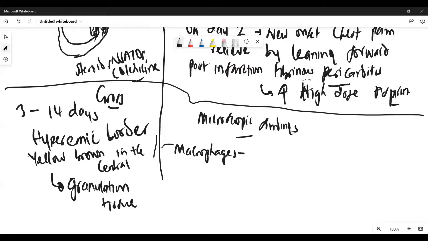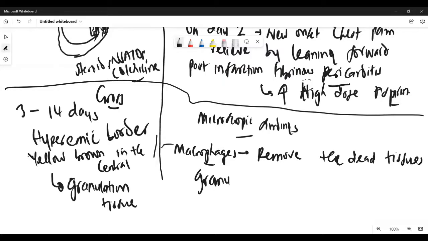Macrophages are going to start removing the dead tissues, and once you clear out those dead tissues, there ought to be appearance of the granulation tissue. The granulation will start producing granulation tissue so that we can fill back the space that is being created by macrophages. So granulation tissue will start to appear.